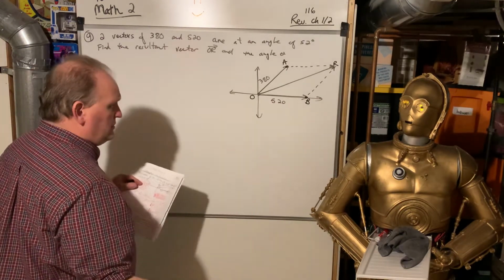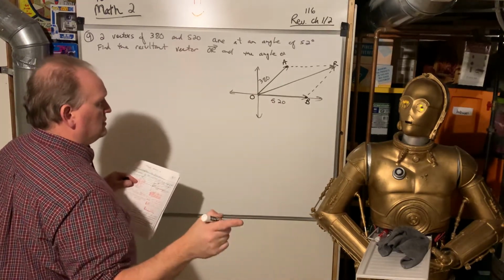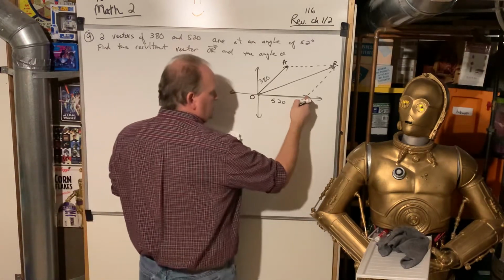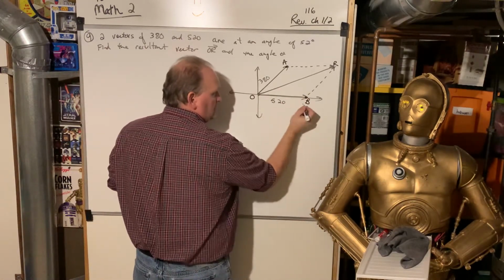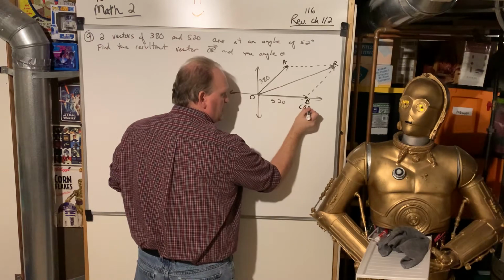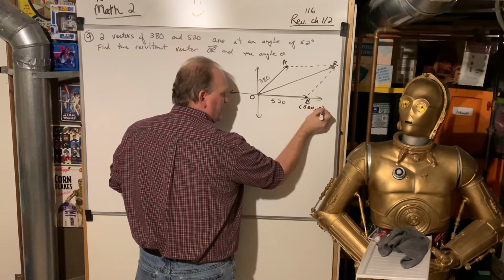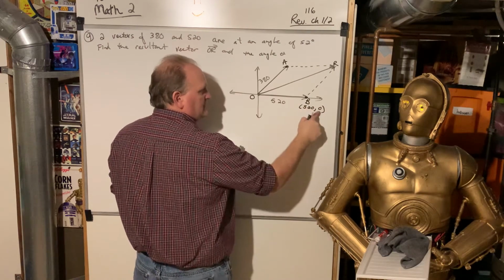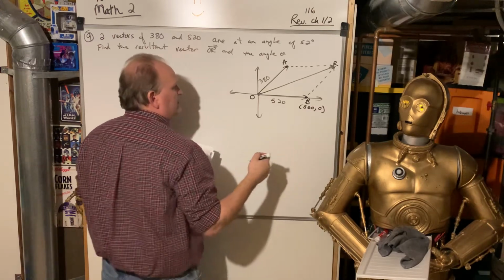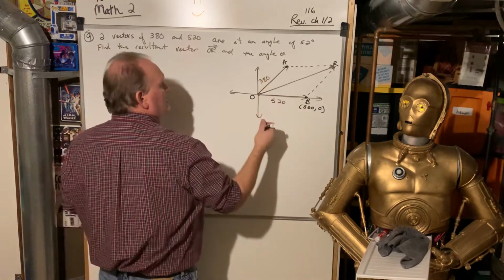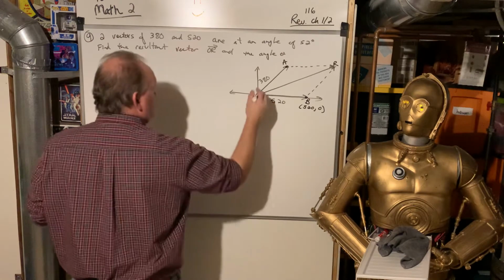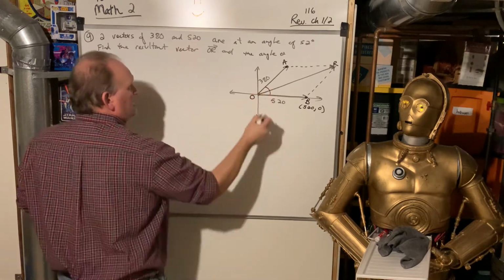The first thing you want to do is find the rectangular coordinates. This one is already given: it's 520, 0, that's X and Y. So we got that one. For this one, it's a little trickier. We have to use that 52 degrees and the 380.